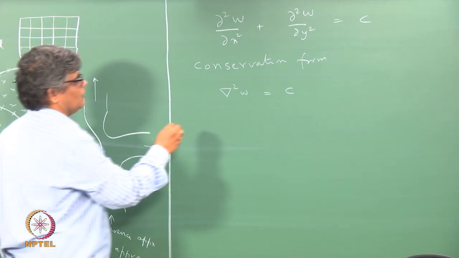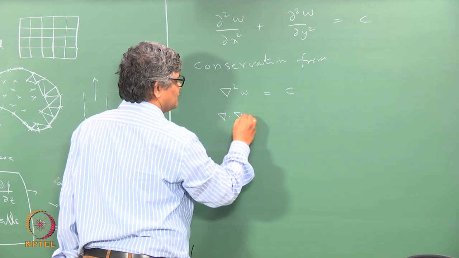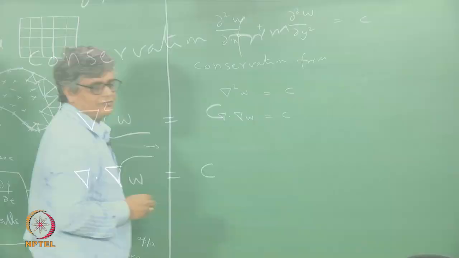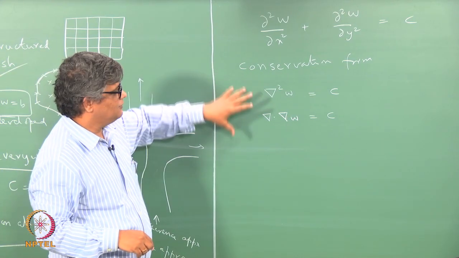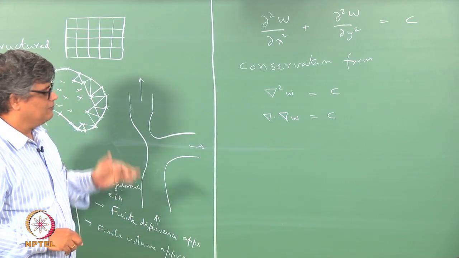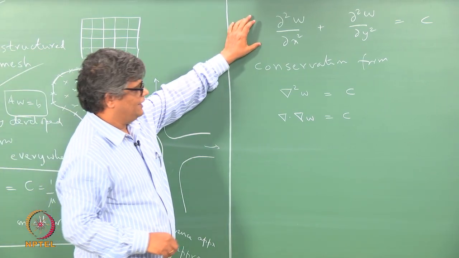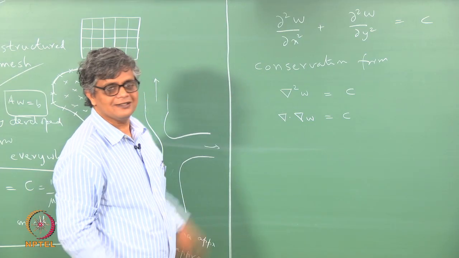And we can also write del square as del dot gradient of W equal to constant. So, when we go through the equations in the next module, we will be able to see how this whole thing comes about. But for the moment, we say that this equation can also be written like this, in vector form.